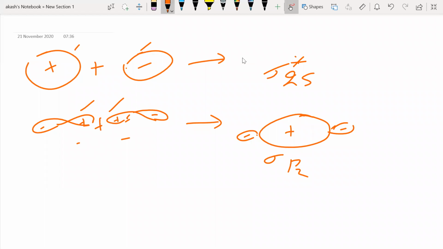Okay, right? Fine. Now, if I look at the anti-bonding case, right? So this is positive. This is negative, and you can put a positive sign. That means the part above the origin and the part below the origin are interacting.